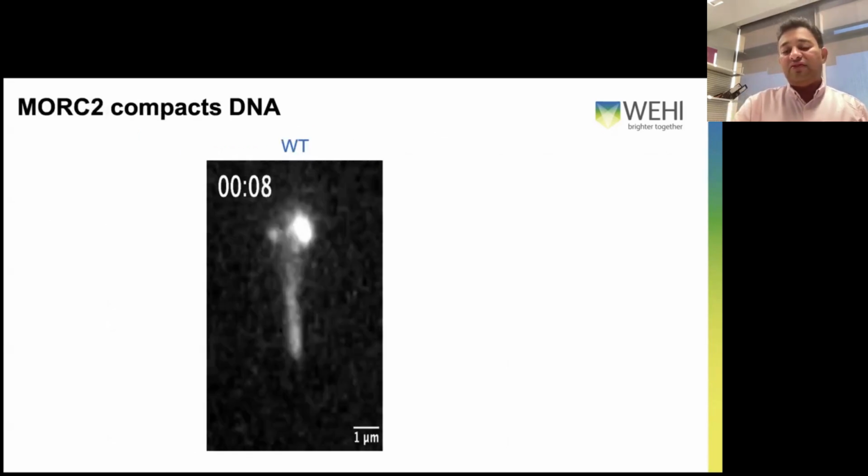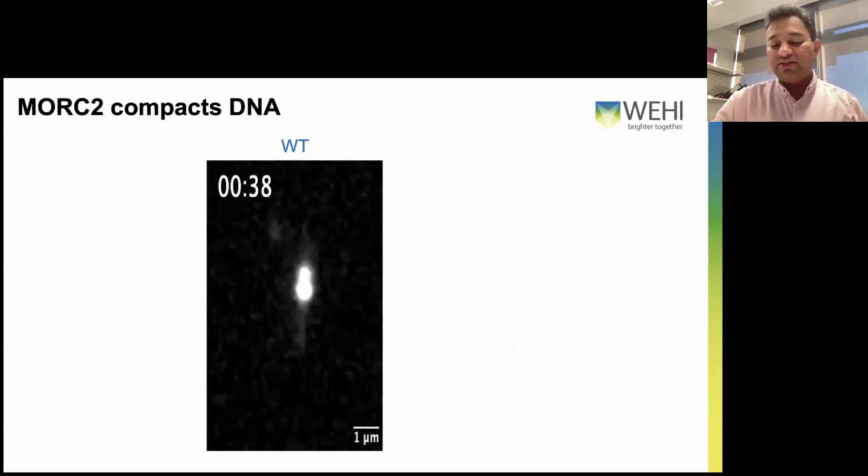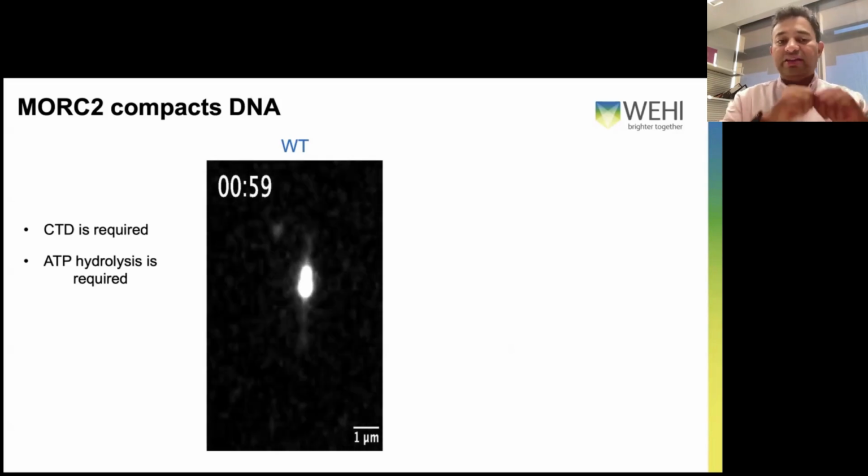Excitingly, when we give it the full length wild type MORC2, we do start seeing puncta. So what that tells you is, first, the C-terminal domain is required. It's not just the ATPase domain that is enough to cause that compaction, even though that's the domain which hydrolyzes ATP. And it also requires hydrolysis of ATP, as compared to a few other chromatin remodelers where the binding of ATP is actually enough.